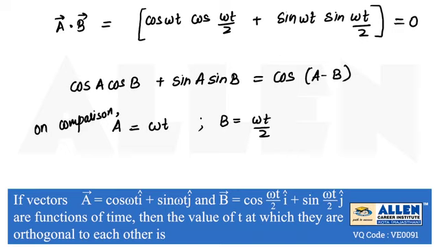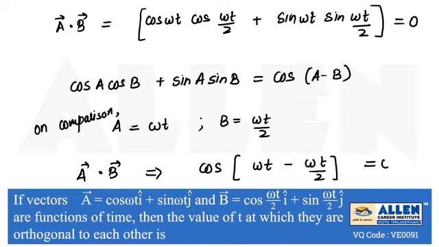Therefore, A dot B, which we are getting here, can be rewritten as cos of A minus B, where A is omega t and B is omega t by 2, whose value is equal to 0.